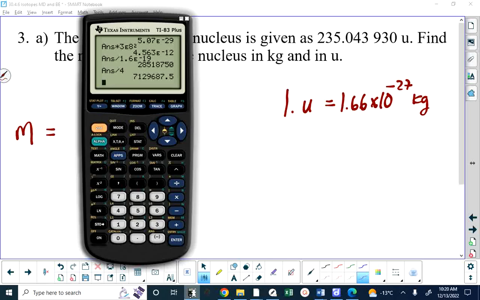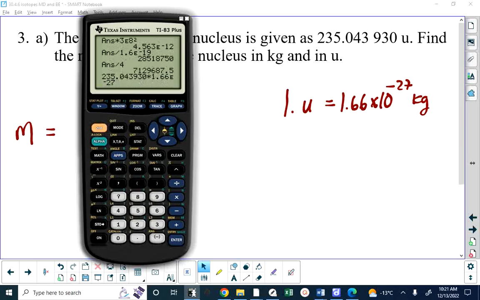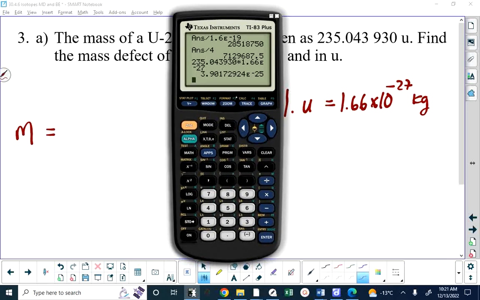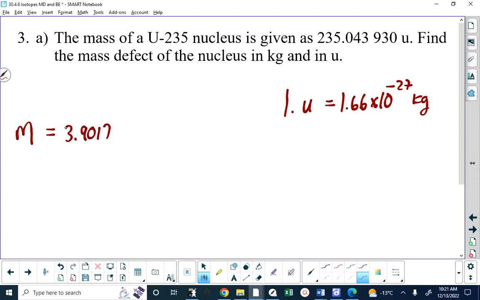So if I take 235.043930. The standard practice, by the way, in printed numbers is that when you have more than 3 decimals, you leave a space so that you can read them more easily and not make a mistake. 043930 times the 1.66 exponent negative 27 gives me this number, 3.9017 times 10 to the negative 25 kilograms.